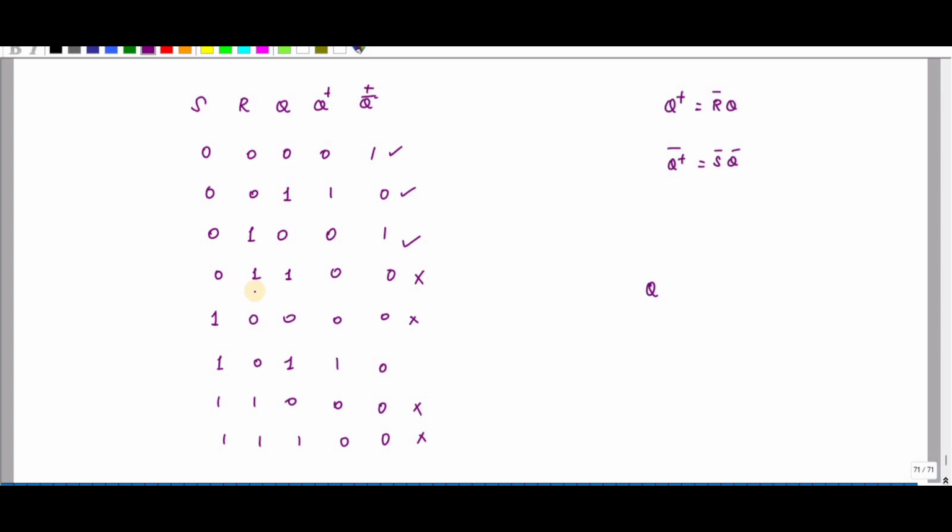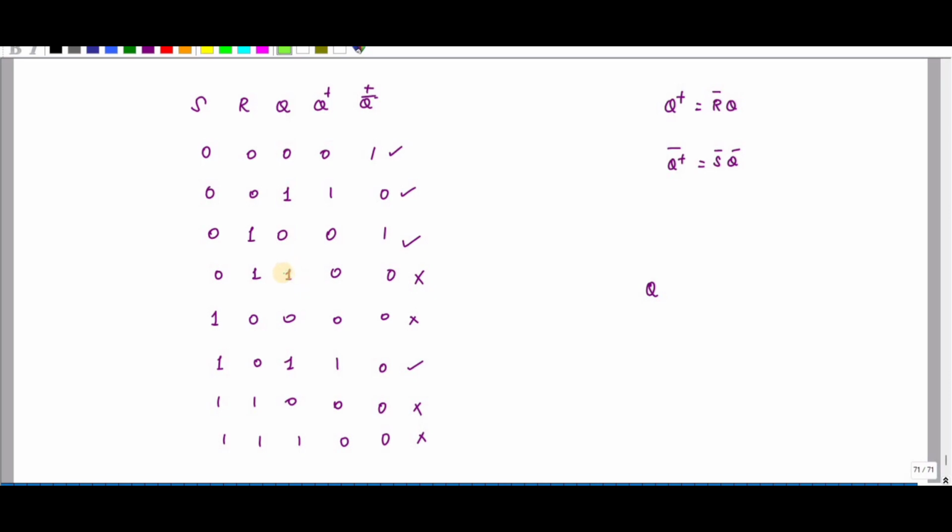Okay, this is okay. So let me take this value. So 01. Now for this one, the initial value is 0, right? Now the present state is 0.